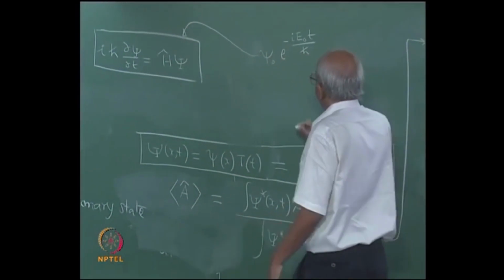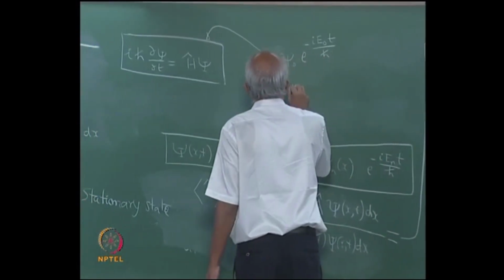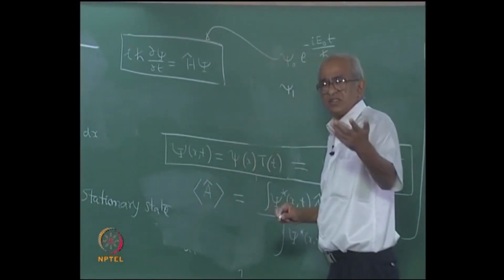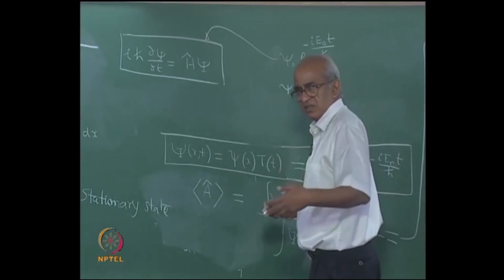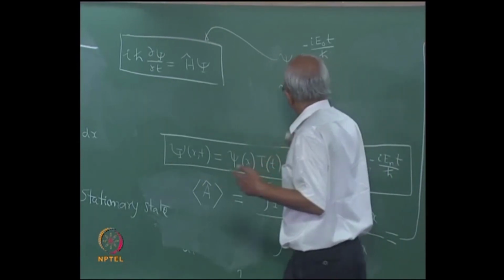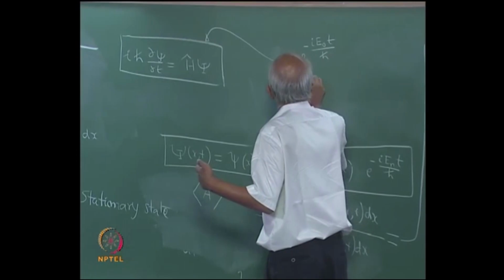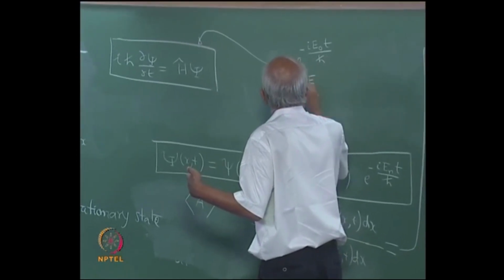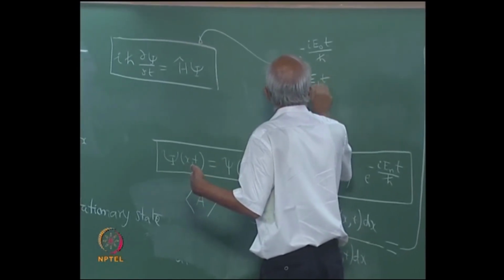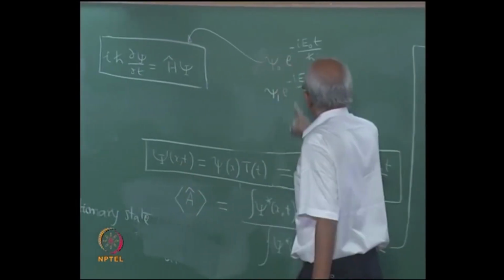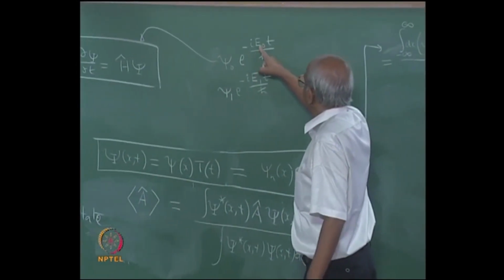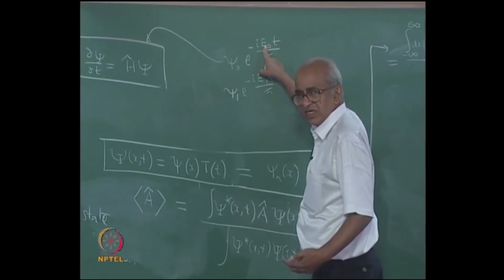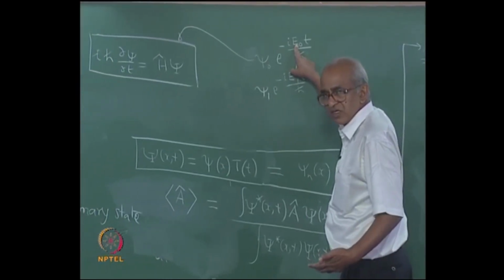And similarly, if I have another eigenfunction which I shall denote as psi 1, this time having a different energy, right, then what will happen is that I will have e to the power of minus i E 1 t by h cross. Now, I refer to this as the energy of the system. Why did I do that? The answer is actually extremely simple.